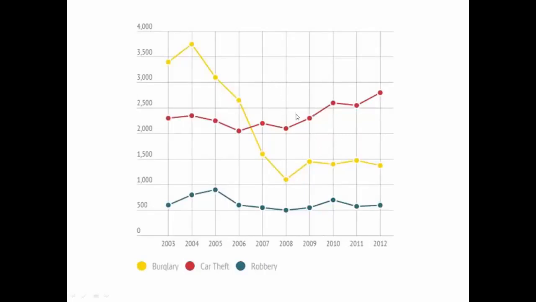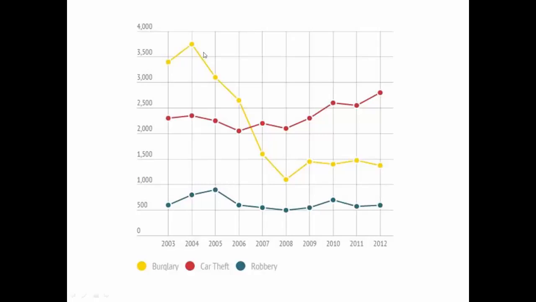If you were looking for the biggest, you would say burglary was the biggest in 2004 and the lowest was robbery, but car theft became the biggest in 2007. So if you included those three things in your overview for this, it would be wrong.